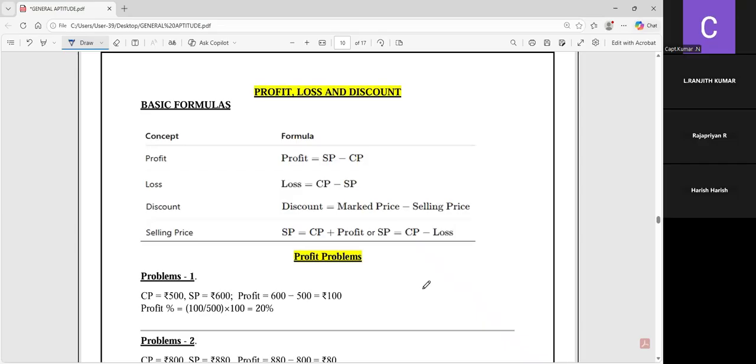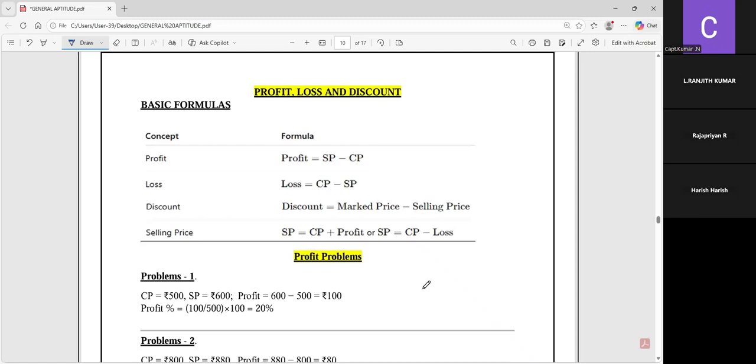From profit and loss, I want to calculate discount. So how to calculate the discount? The discount is nothing but the marked market price minus selling price. We subtract these to find the discount. It's the fourth row.